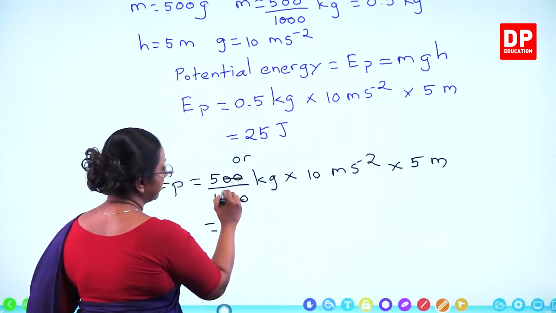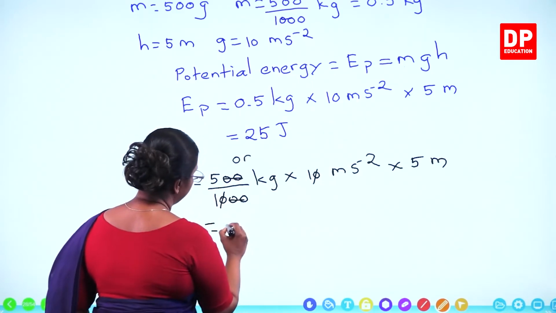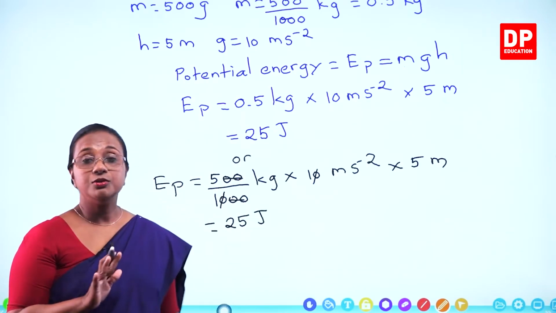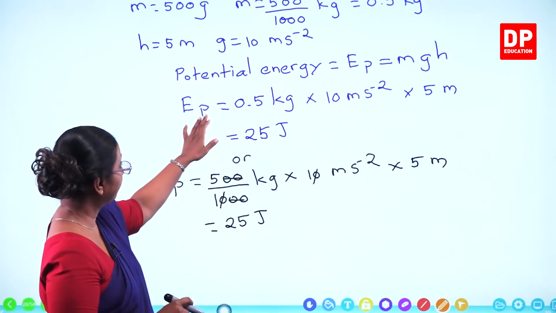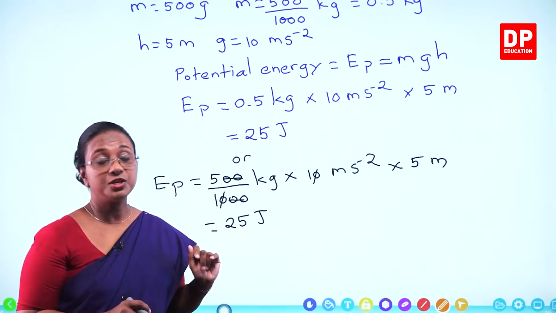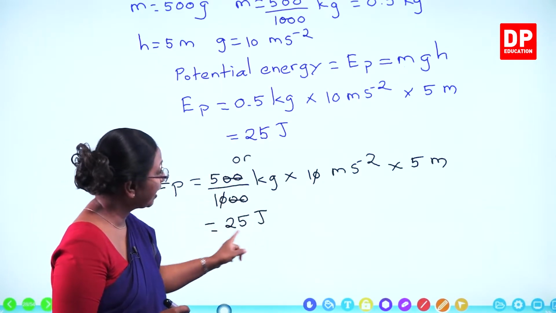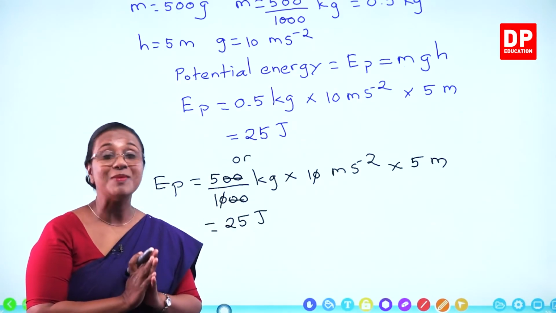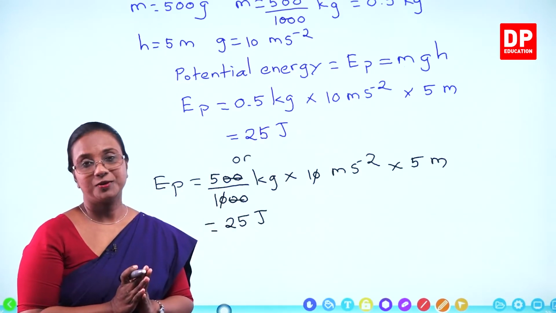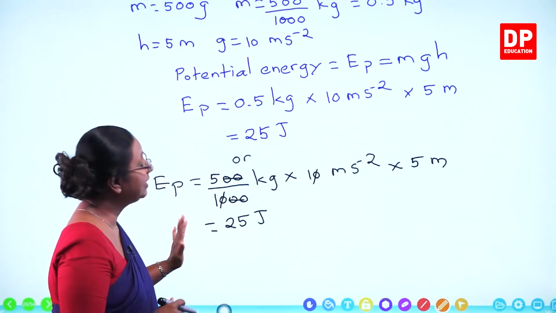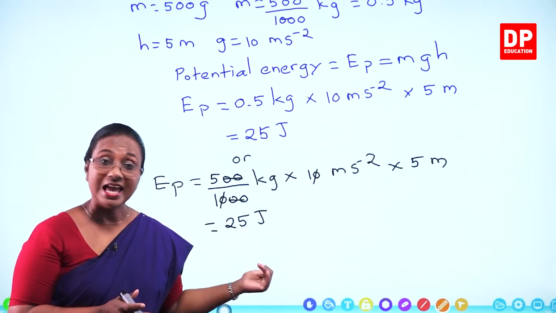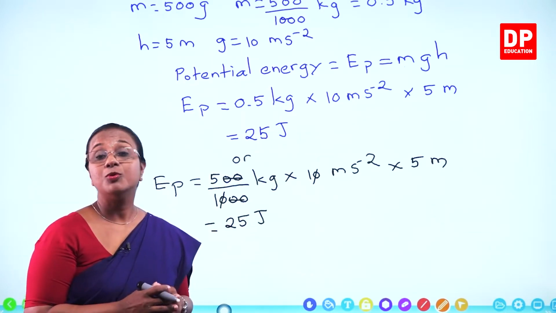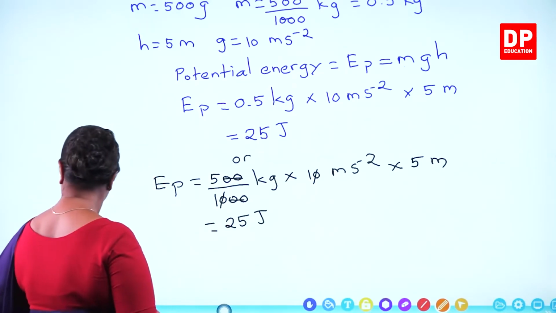Here also you can simplify 5 into 5, 25 joules. Whatever method you use, it's fine. You can do the unit conversion before and substitute, or you can do it together here. But you will have to get the same answer. That's very important. I'm sure you all did all these calculations correctly and you also got the same answer. So then we'll move on to the next slide.